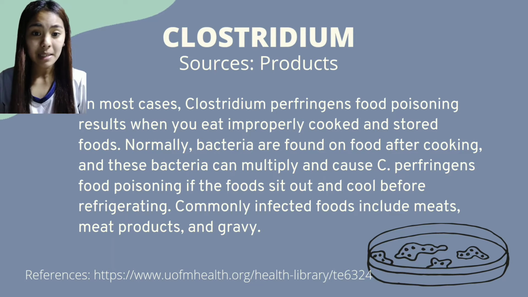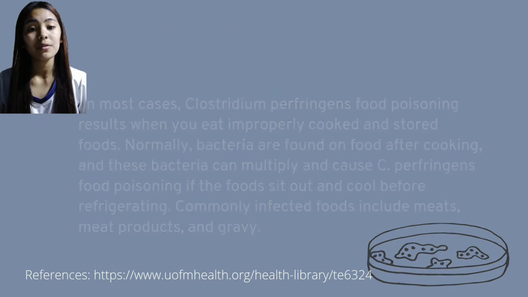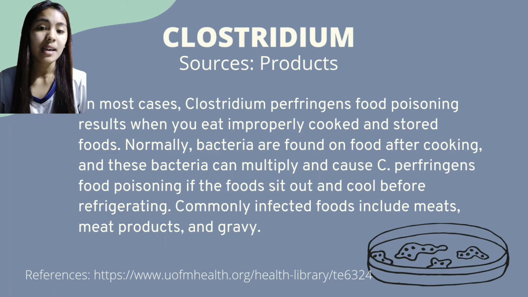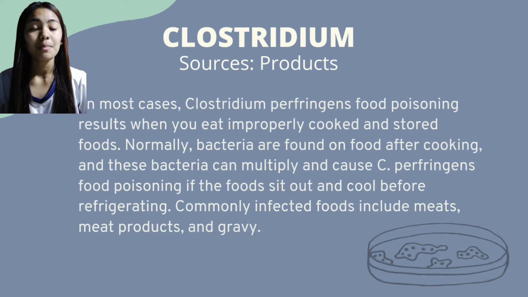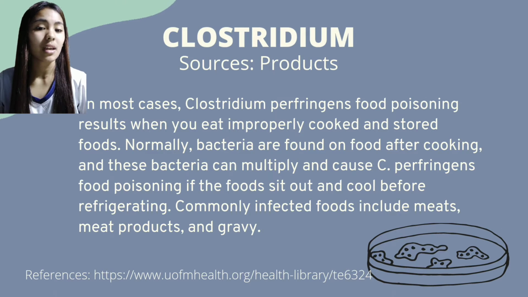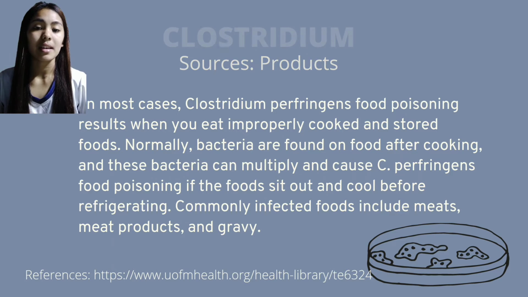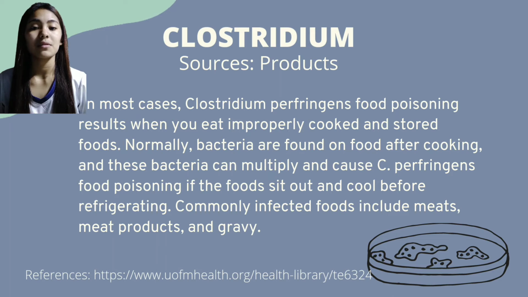Normally, bacteria are found on food after cooking, and this bacteria can multiply and cause Clostridium perfringens food poisoning if the food is set out and cooled before refrigerating. Commonly infected foods include meats, meat products, and gravy.